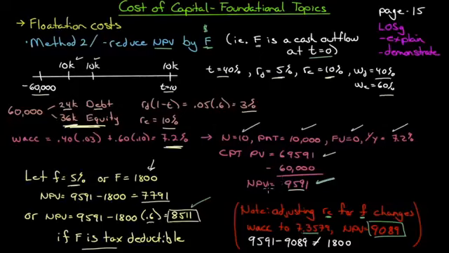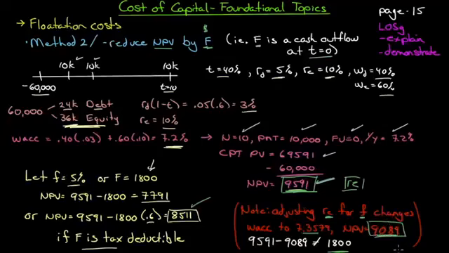So we have 9,591 versus 9,089. It does not equal 1,800. So this is the net present value if we had used retained earnings. Let's say we're just going to use 7.2% because there are no flotation costs in here. This is adjusting the cost of equity for flotation costs and coming up with a net present value.